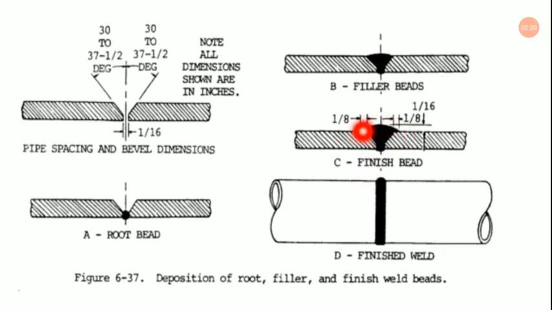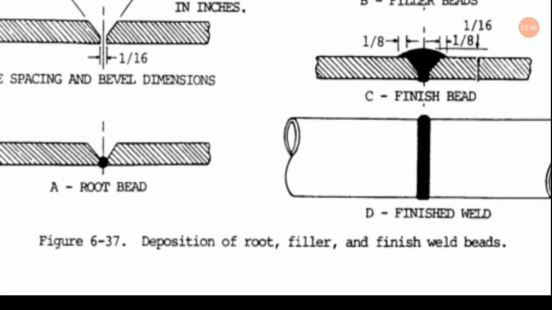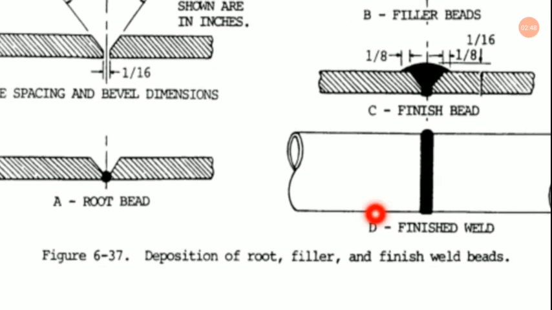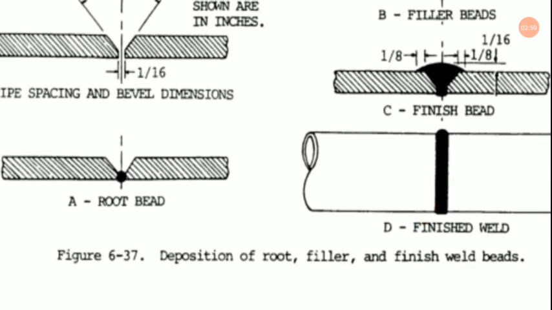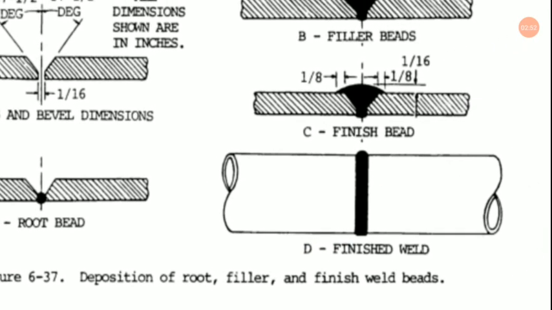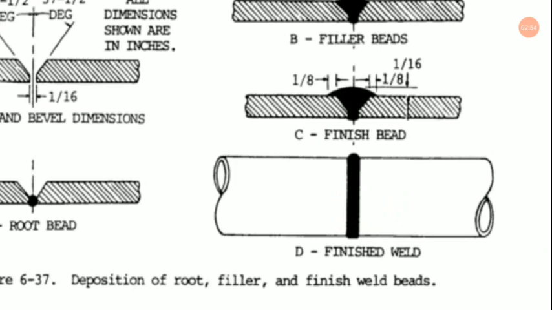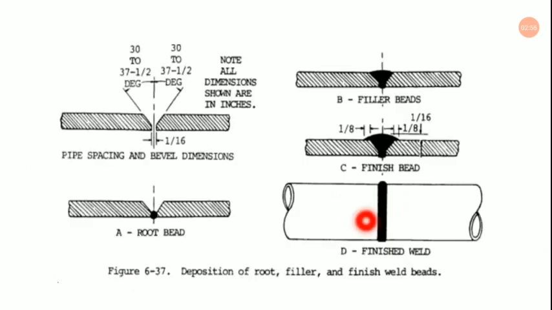The finish bit is 1/8 inch, and the height of the finish bit is 1/16 from the surface of the parent metal. Now this is the finished weld for the joining of the two pipes, as you can see over here.